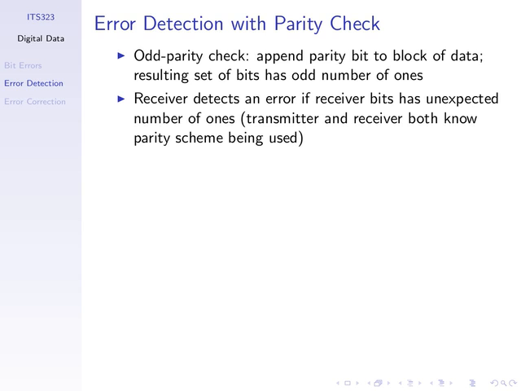Count the ones, we have an odd number of ones. So the way that we chose this red 0 here is such that when we get this, we have an odd number of ones. So if we already have an odd number of ones here, we add a 0. If we have an even number of ones here, we add a 1. That's a very simple parity check at the transmitter. We'll see how it works at the receiver.